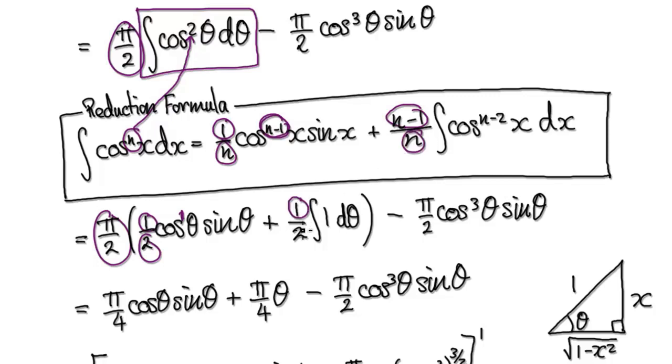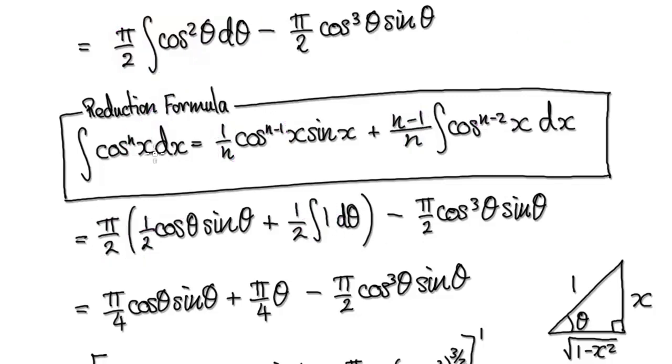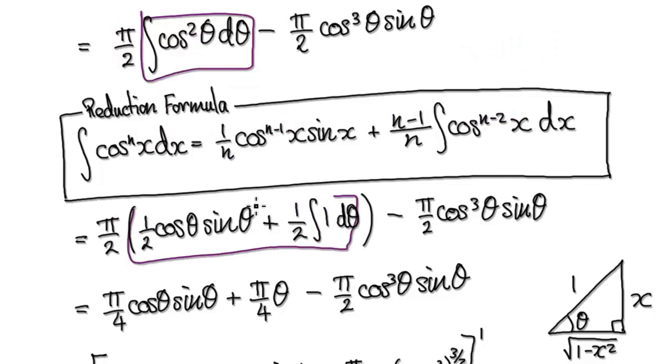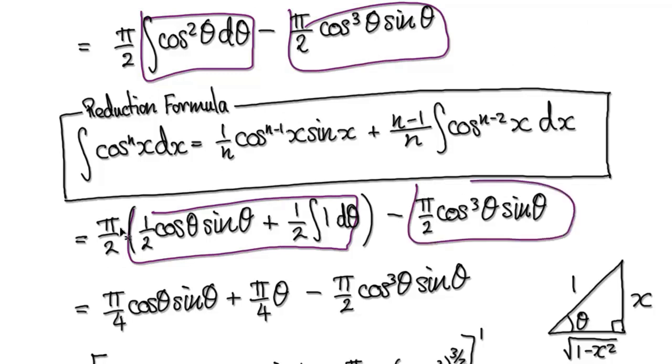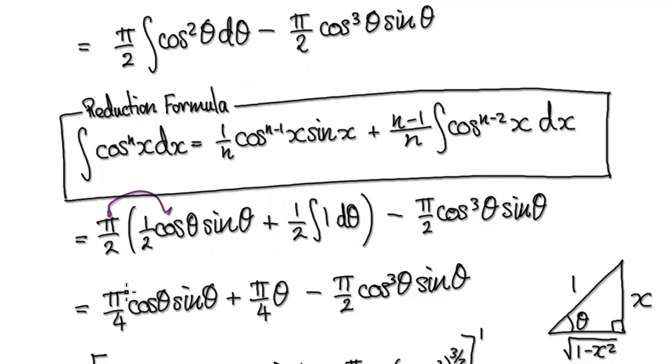This here would be 2, and then 2 take away 2 would be 0. Cos to the power of 0 of x, anything to the power of 0 is 1. So that's this thing here. Applying the reduction formula on this will give you this whole thing here, and then this remains the same. So tidy this up. This times this will then give us this. Integrate this will then give you just theta.